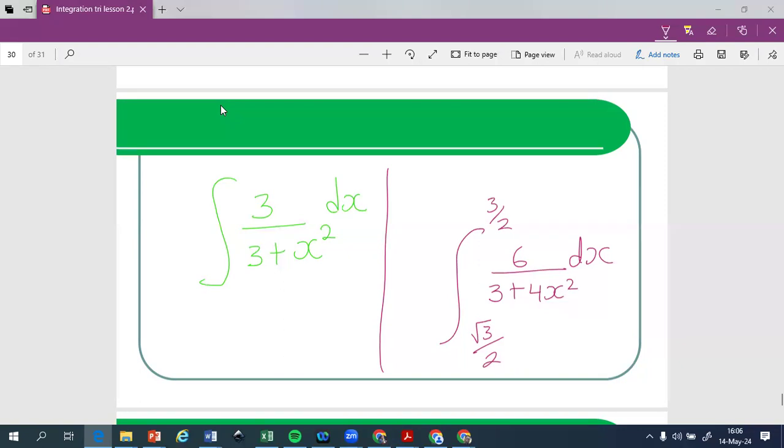I'm interested in the part before you put in the roots, what you get after integration.